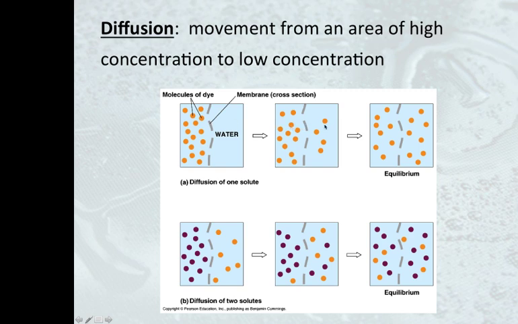And they keep bouncing them across the membrane until you have an equal concentration of molecules of this solute on either side of the membrane. That is diffusion. Brownian motion is the collision of the water molecules bouncing against the solute and driving them from an area of high concentration of solute to an area of low concentration of solute until we have an equilibrium established.